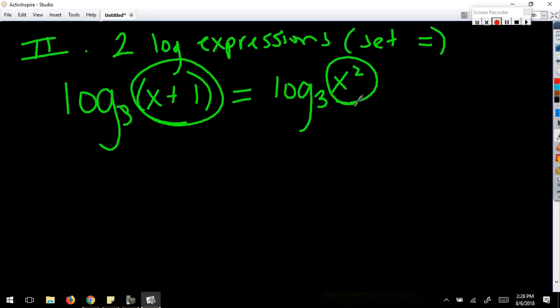And I can do this because if I were to use exponents and things like that, I would have some nice cancellation going on, and we won't get into all that. We'll really focus on the fact that we can just set these two equal. Now I have a quadratic, so of course I'm going to make my quadratic equal 0. So subtract x and subtract 1.